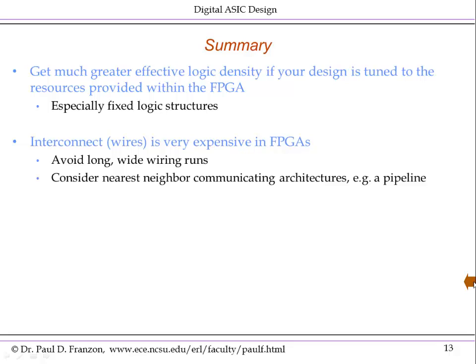In particular, if you have fixed architectural features in the FPGA, write your RTL to exploit those fixed architectural features, so your code is not mapped inefficiently onto large arrays of CLBs. In addition, so that you can actually use the available CLBs, try to minimize the amount of wiring you have, and in particular avoid long wide wiring runs, for example by going to architectures that communicate largely between nearest neighbors.